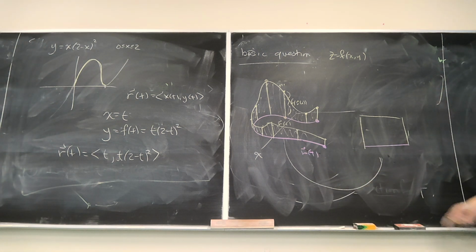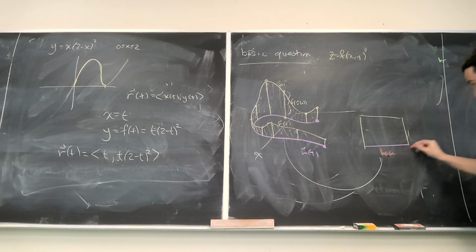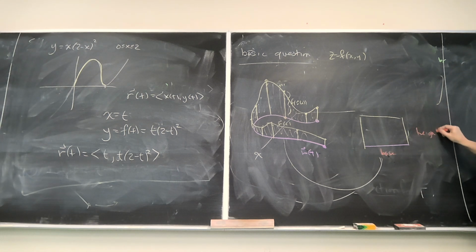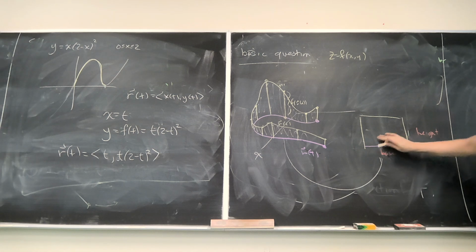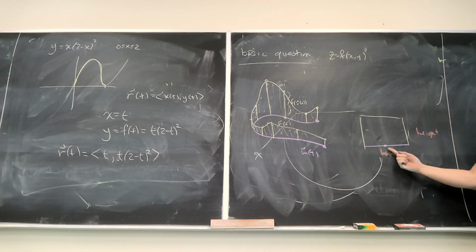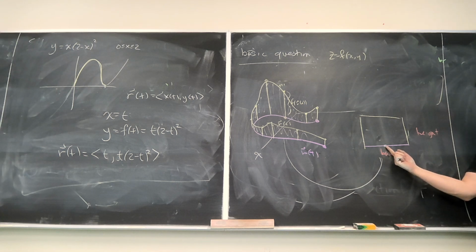If it was a rectangle, how would I calculate its area? Base times height, that's pretty good. There's the base. Here's the height. If we were back in the land of calculus 2 when you first learned the definition of an integral, you would pick some point in the base. Normally, when we learned it the first time, this is called xi or x naught or x star, some point that was selected down here.